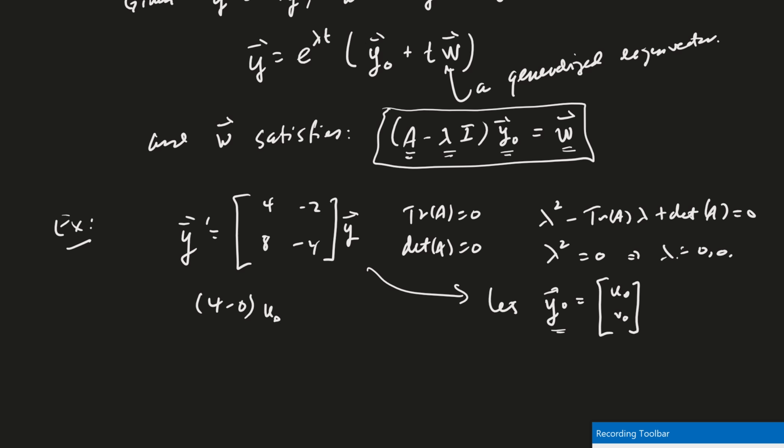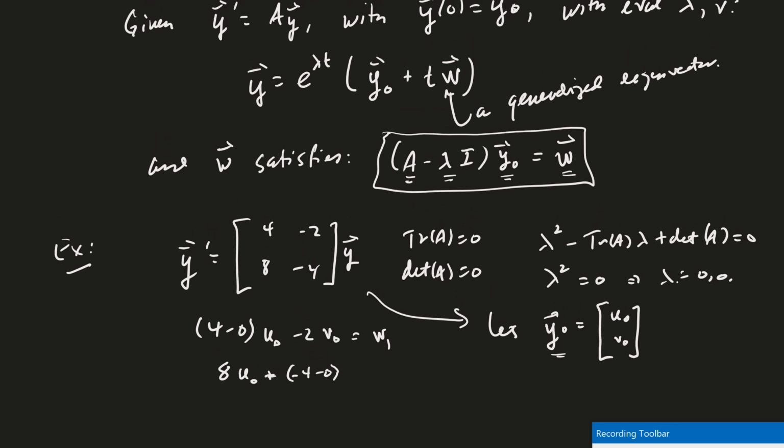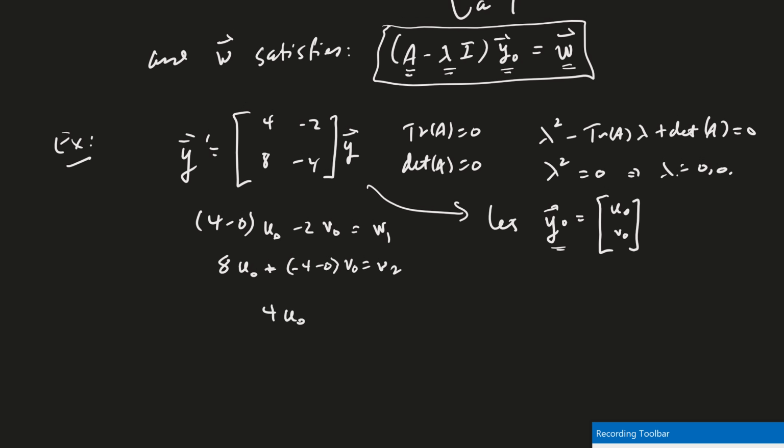So this would be 4u0 minus 2v0 equals w1, and then 8u0 minus 4v0 equals w2. That's our w1 and w2.